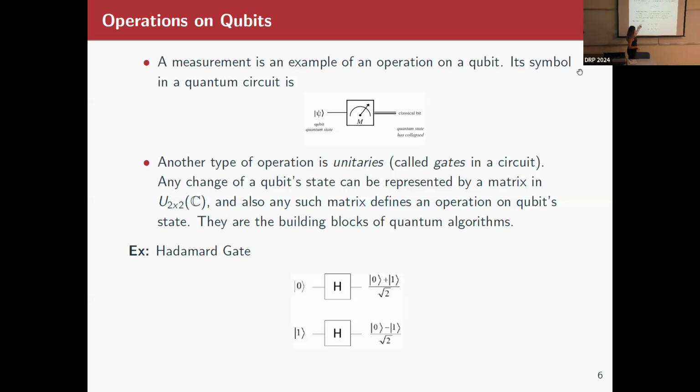When we apply the Hadamard gate to the computational basis states, it creates an equally weighted superposition. When we apply the Hadamard gate to the basis state 0, we get (0 plus 1) over square root of 2. And when we apply it to 1, we get (0 minus 1) over square root of 2.